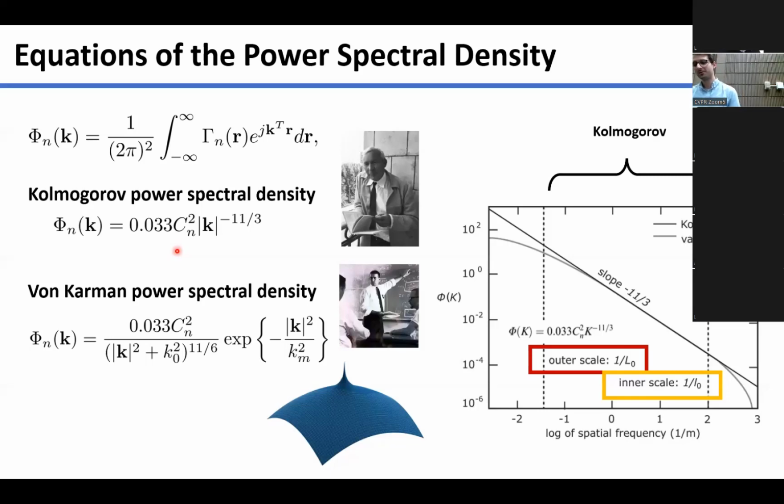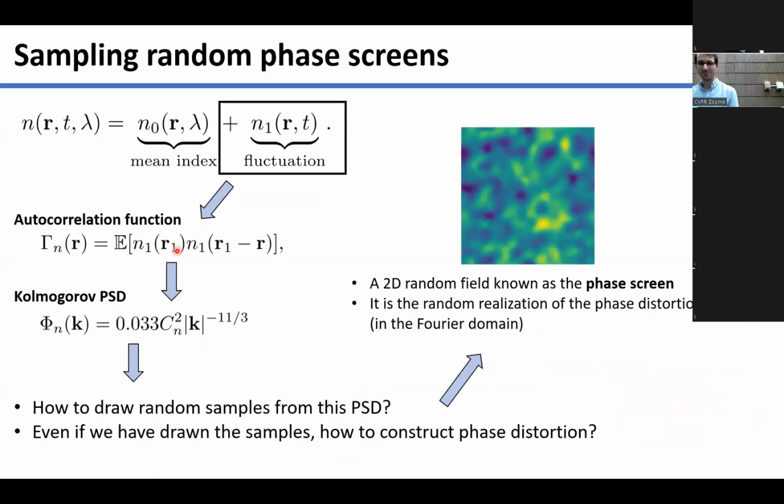There's also the von Karman power spectral density. Basically, the importance of that is it avoids a particular singularity at the origin, but not for our purposes all that important. So just setting us up for the sake of simulation, how do I want to sample a random phase screen?